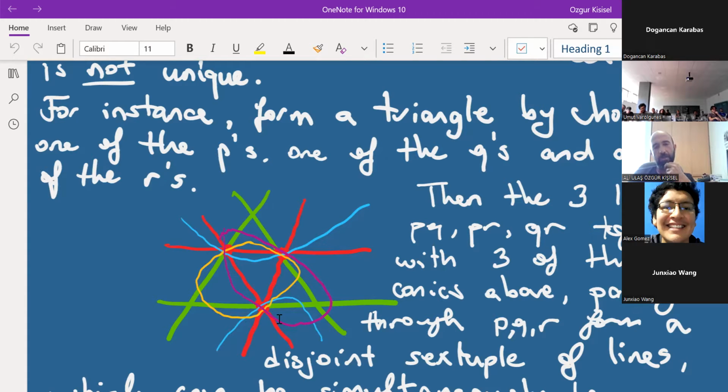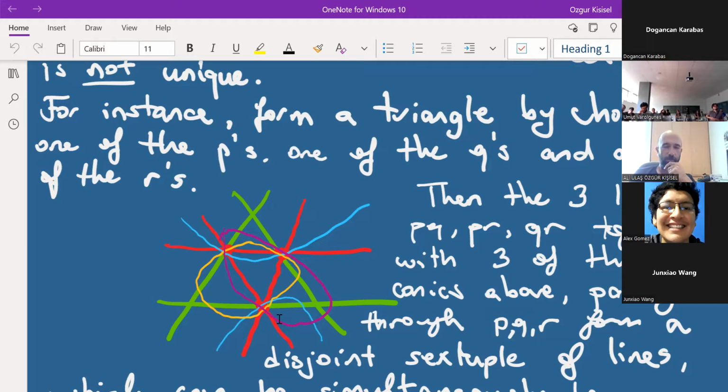And it's, again, an easy matter to check that those conics will not be tangent to each other or to the red lines, which implies that when you blow these points up, the visible intersections on this picture will all disappear in U. So you'll have a disjoint sextuple of lines in U, and that will give you another seed, different from the one that you started with.